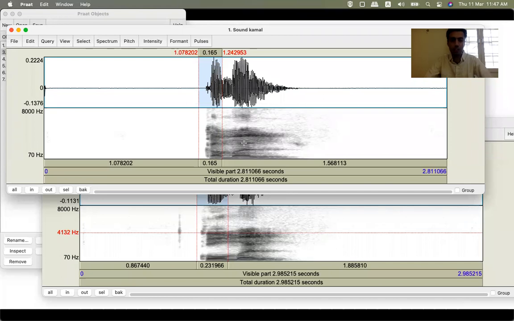This is a. Now examine the properties of this second a. Ka, ma, a, la, ko, ma, a, la. Both have a, but see here the a is all flat, right? But here the a glides into an a, right? It starts from an o-looking sound and then becomes an a. So because of co-articulation, there is a transition from one kind of spectrum to another kind of spectrum.